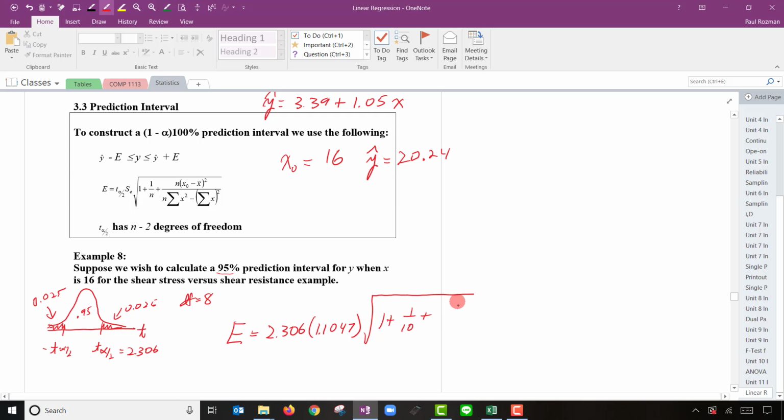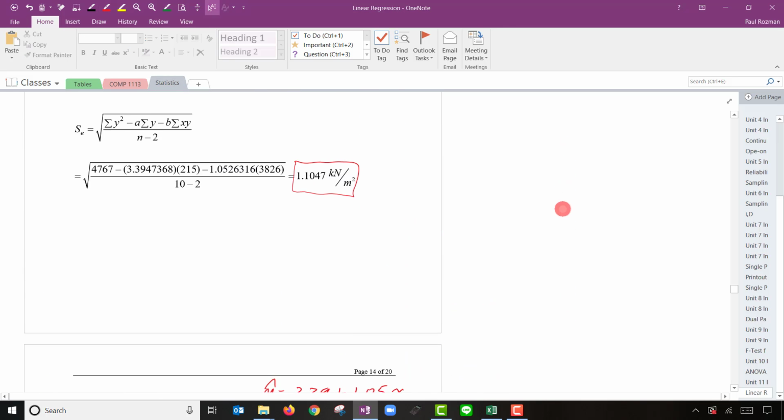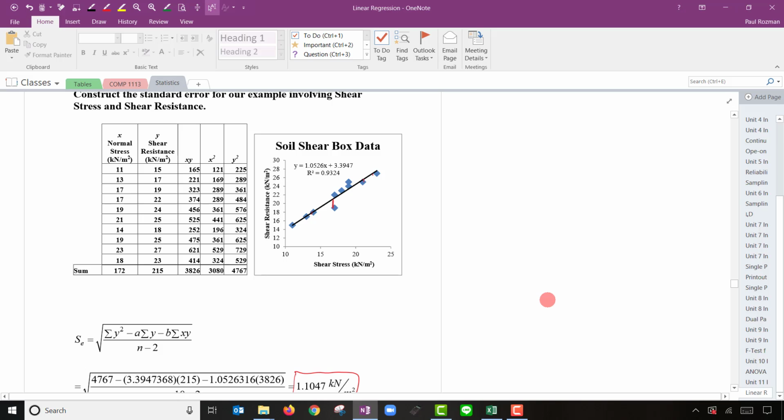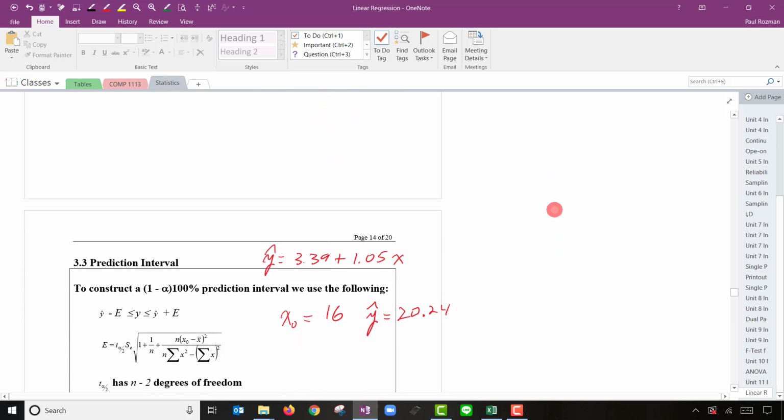That wasn't too bad. Our x naught was the value we were estimating for x, so that was our 16. And then we have x bar, which we could get from our data here. We have the sum of the values, so it's 172 divided by 10, so 17.2.